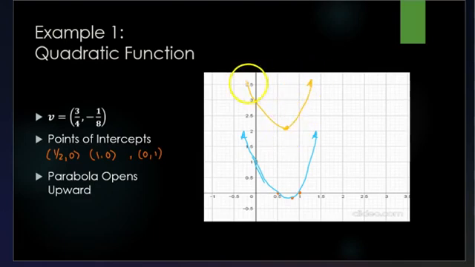This is an example of a parabola with no x-intercept because it would not intersect the x-axis. So it's possible to have a parabola with no x-intercept, but there will always be a y-intercept in our parabola. The graph will always intersect the y-axis.